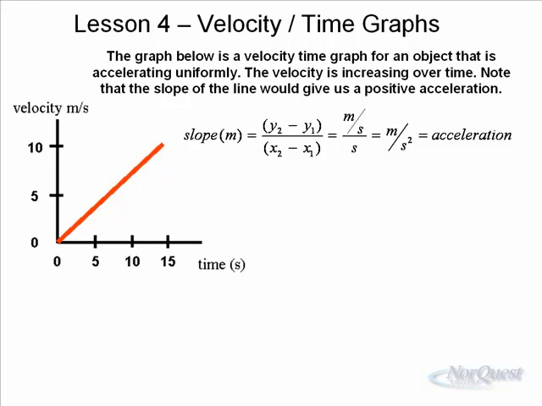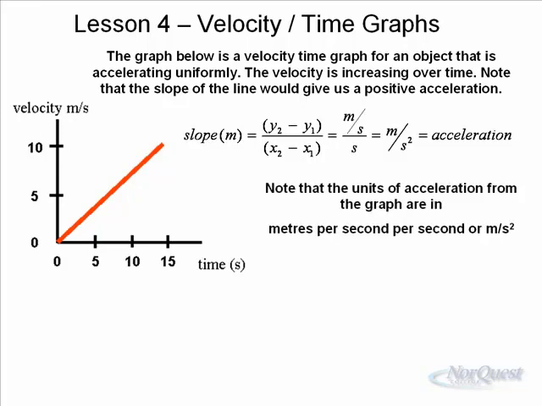That gives us meters per second squared. Later on in this course, we'll define acceleration in algebraic terms. But from the graph, you can see that you get the unit meter per second squared, which is the proper unit for acceleration. And as I said, we'll discuss that very soon in another lesson.